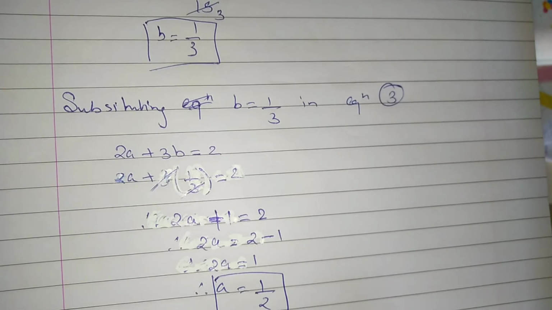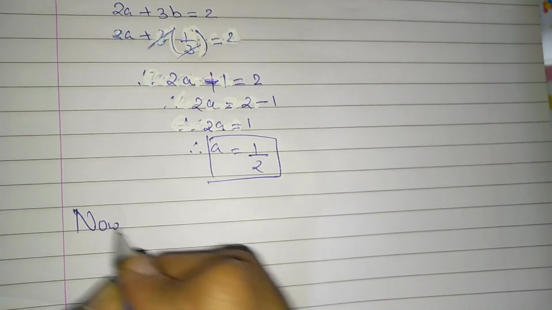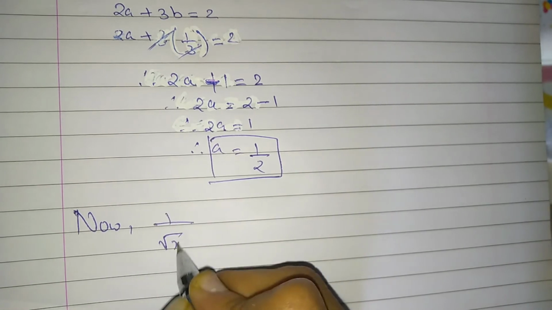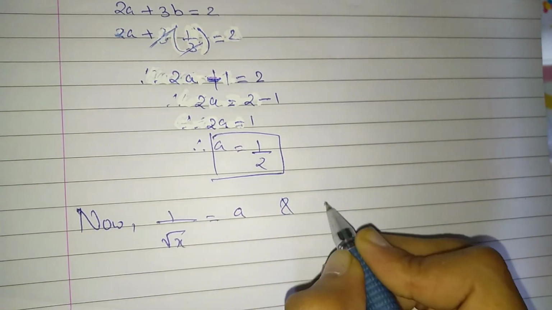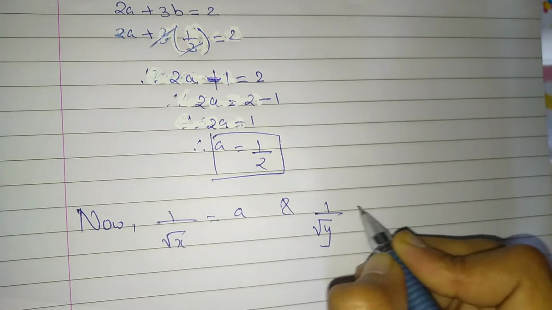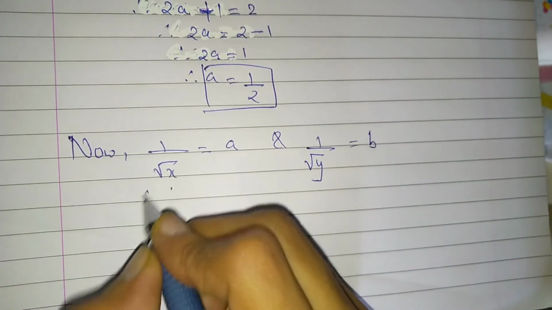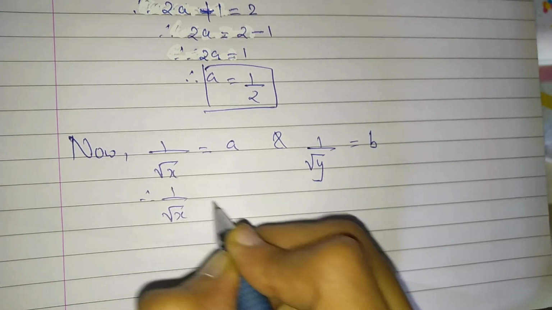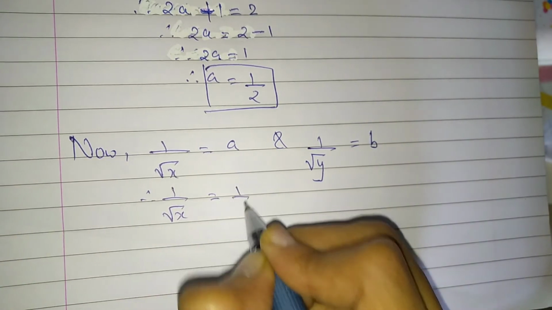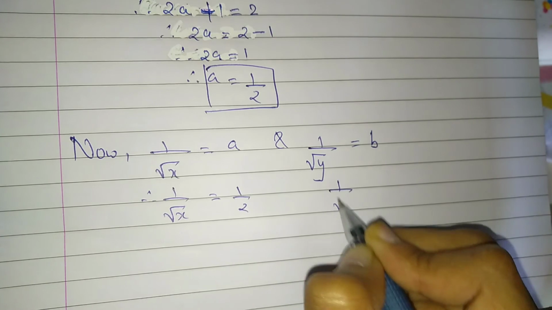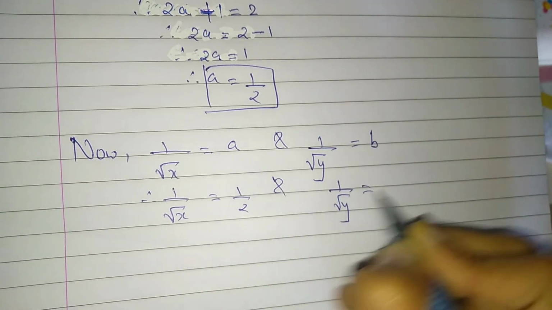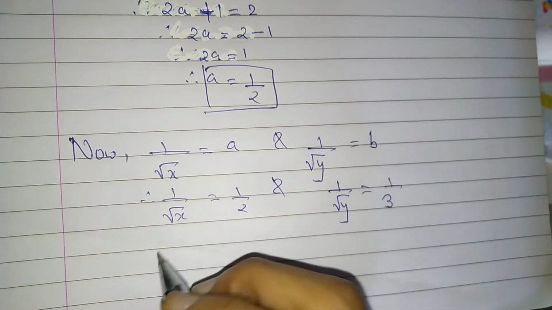Now a equal to 1 upon 2 and b equal to 1 upon 3. Now 1 upon root x equal to a and 1 upon root y equal to b. So therefore 1 upon root x equal to 1 upon 2 and 1 upon root y equal to 1 upon 3.